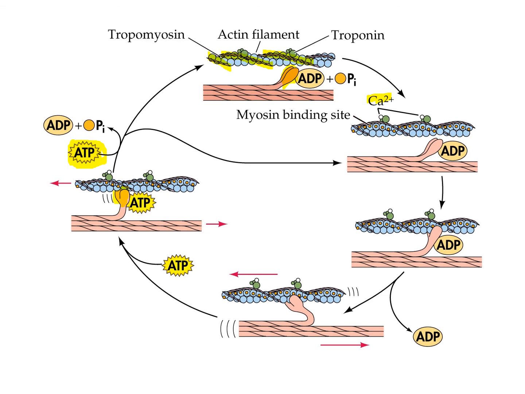These round yellow circles that are present on the actin are the myosin binding sites. With revealing of the myosin binding sites, you get binding of the myosin to the actin.